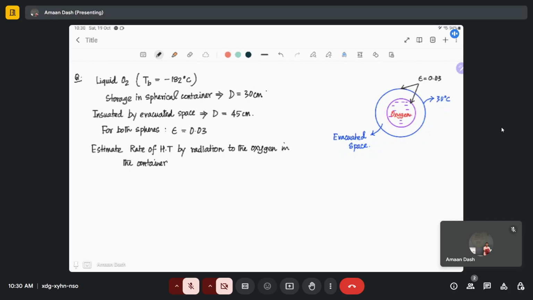So let us try to see the solution. The outer temperature is at 30 degrees Celsius and the inner temperature will be nothing but the boiling temperature of the liquid, that is minus 182 degree Celsius, right?